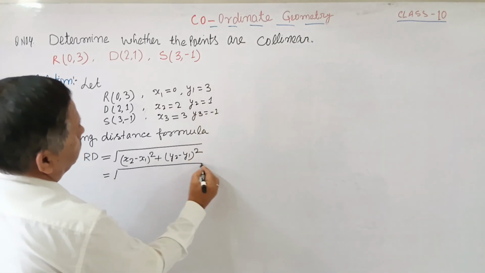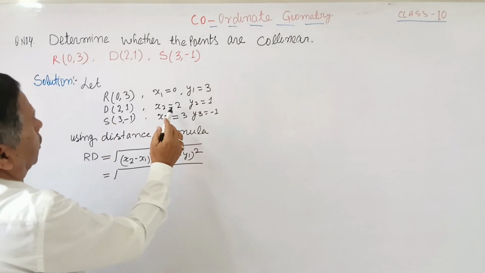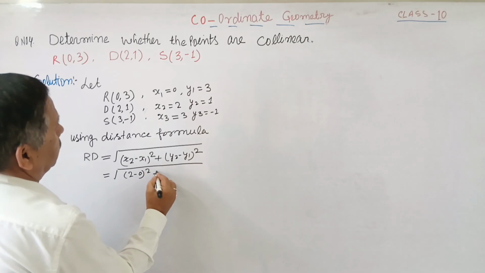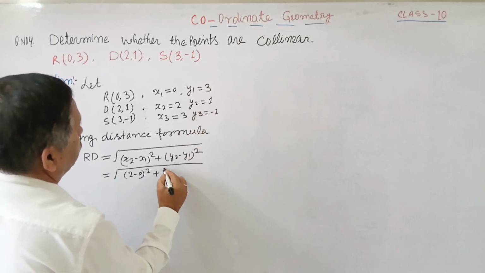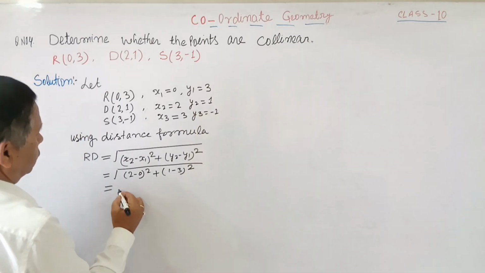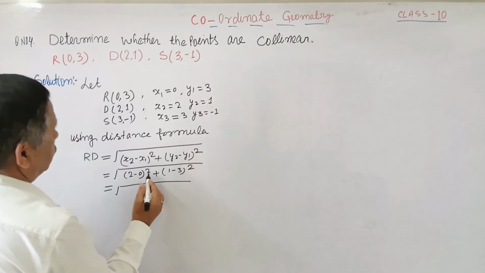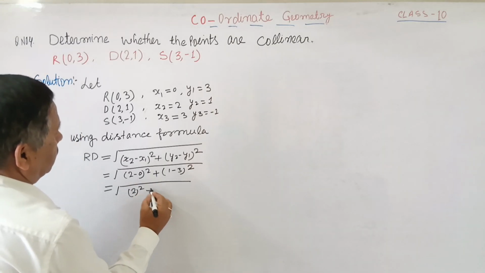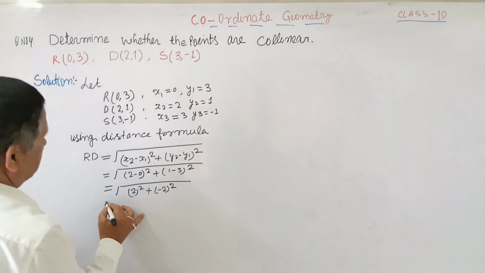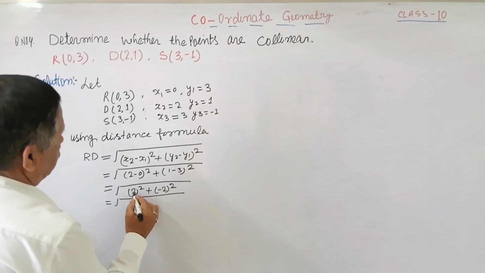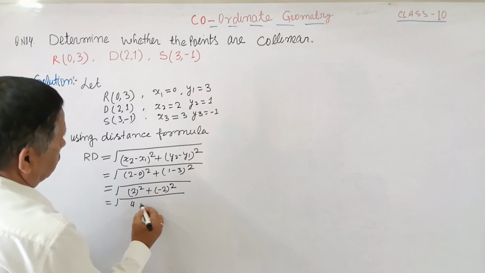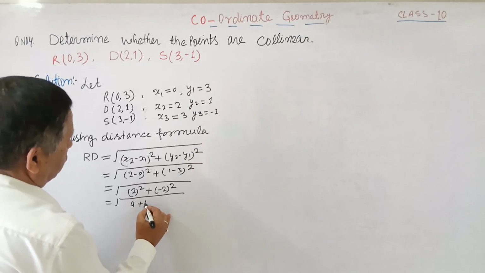This equals (2 minus 0) whole square plus (1 minus 3) whole square, equals 2 square plus (minus 2) square. 2 square means 4, plus 2 square means 4, that is 8.